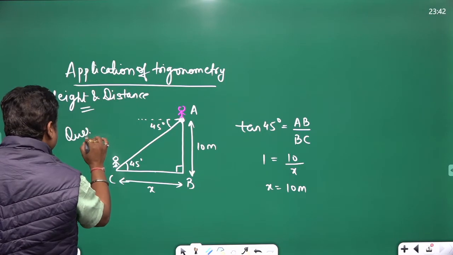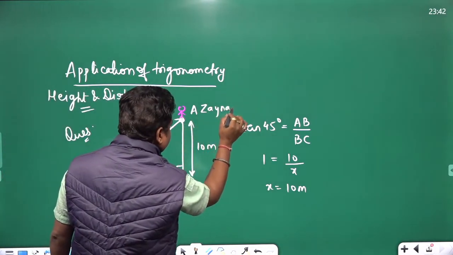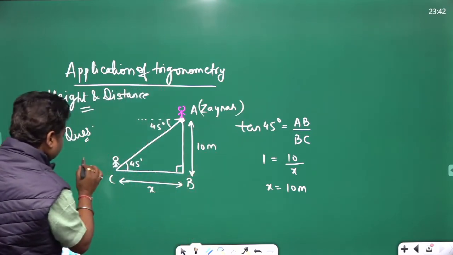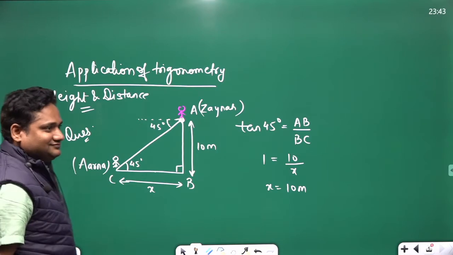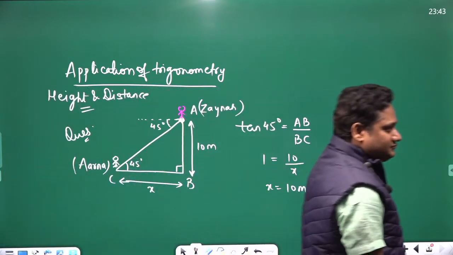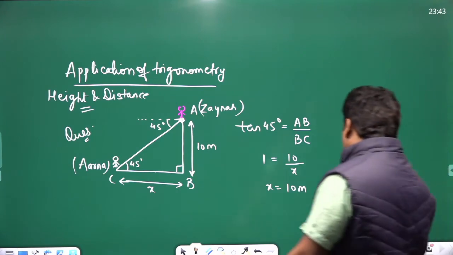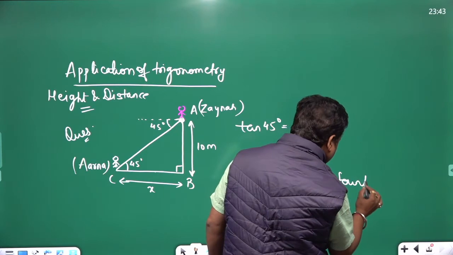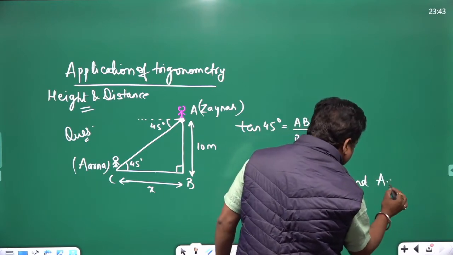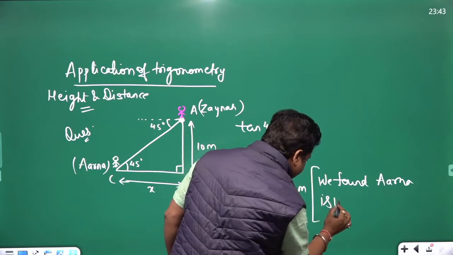This is a question. Just draw this diagram. So we found Arna is 10 meter far from the foot of the building.